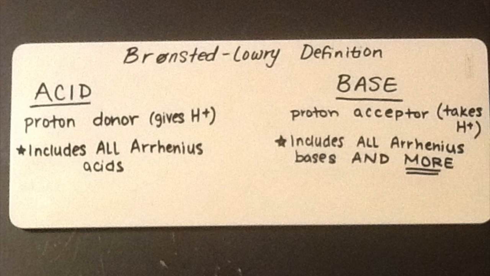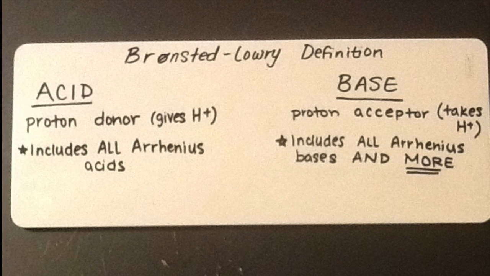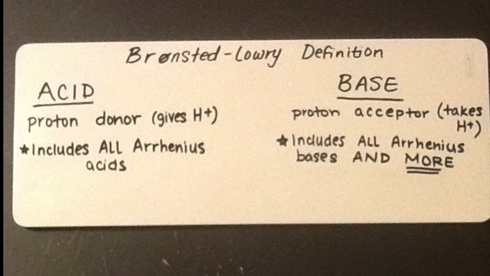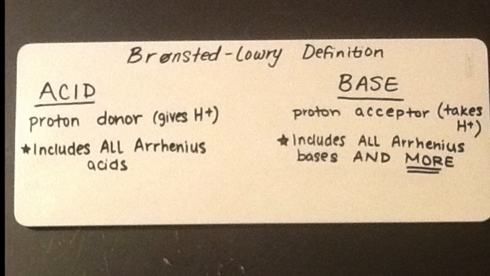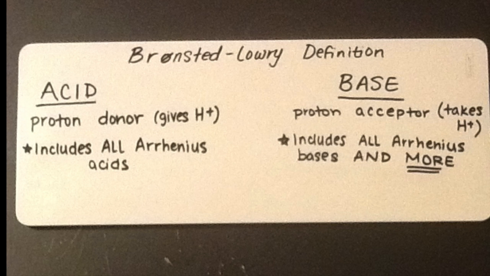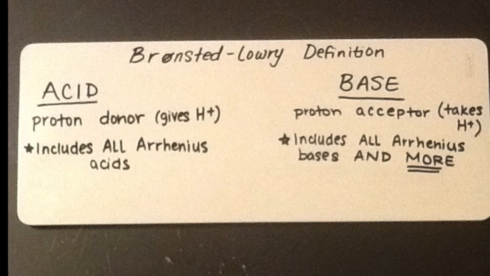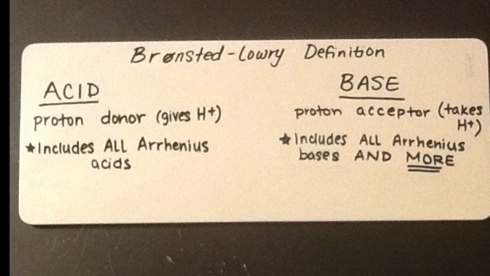What you should notice is that while the acid definition includes everything from the Arrhenius definition, the base definition includes the Arrhenius bases too. So it still includes NaOH and all of those hydroxides, but it allows us to include some other, more diverse bases.